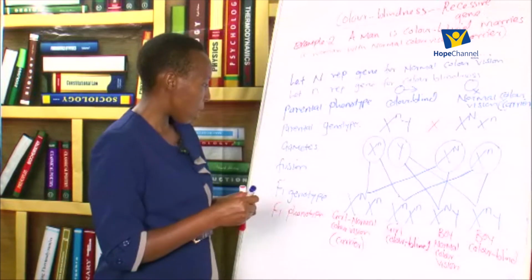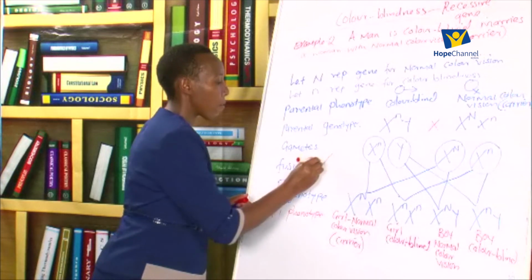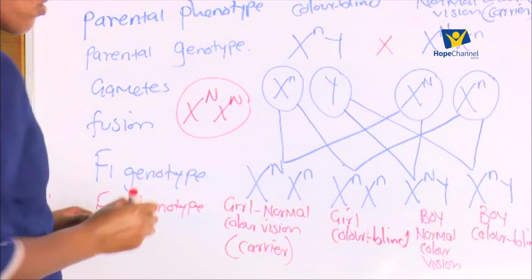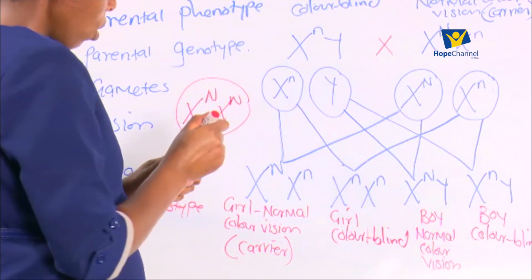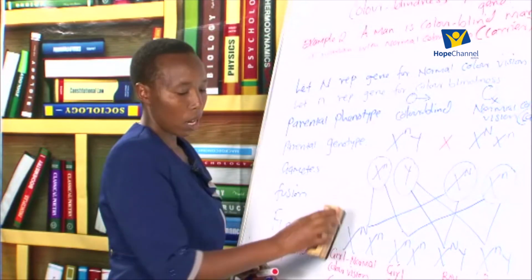Homozygous means this female is going to have XNXN. So if you are going to use the letter N, you can pick another letter so long as you do the interpretation. If you do the interpretation, that will be fine.